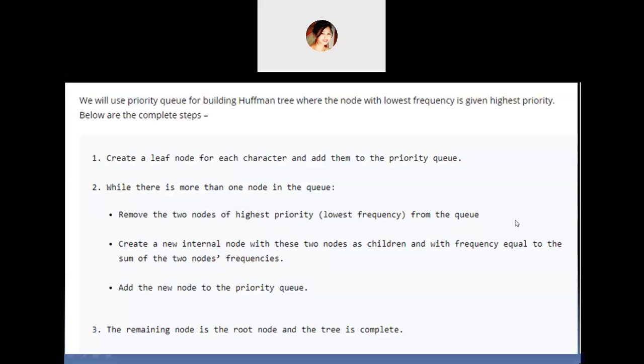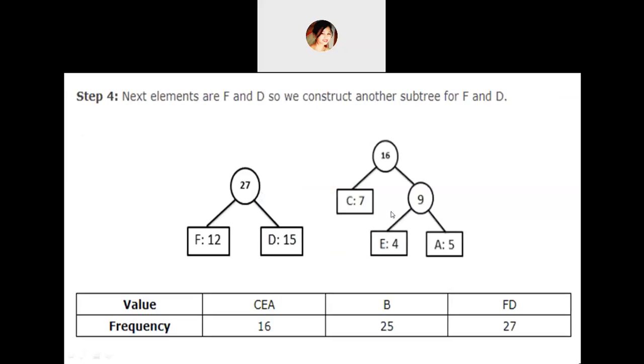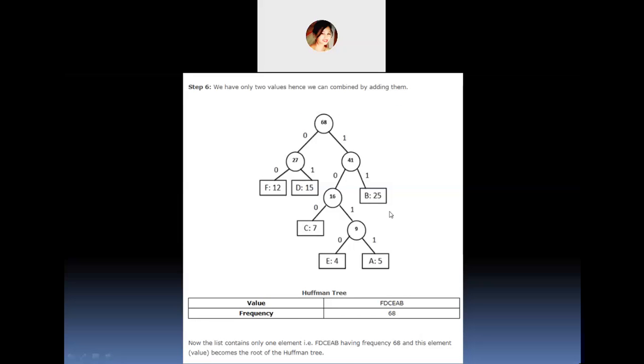You have to remember that the root node is greater than the internal nodes, the left node is lesser than the right node, and when you add up the left and right child nodes you get the root node. So you also have to keep in mind these rules. These are not given in this algorithm, so you have to keep them in mind because we are constructing a binary tree finally, right?